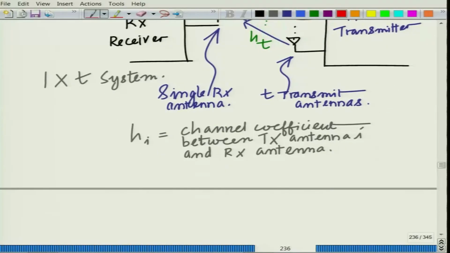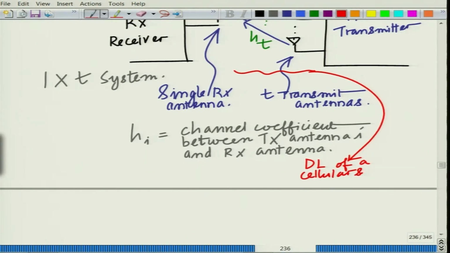Typically you can think of this as the downlink of a cellular system, or you can also think of this as a Wi-Fi router to your laptop kind of a system, where your router has multiple antennas and your laptop has a single antenna, and so on and so forth, right.